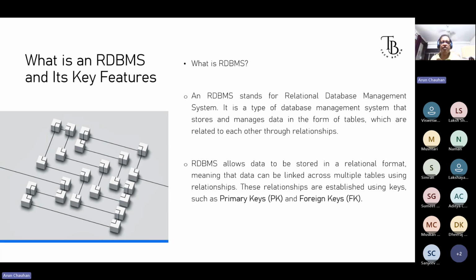Now that invites another set of questions: what is the primary key? What is the foreign key? When you are working on a table and you want to uniquely identify a particular row, you use a primary key. For example, employee ID is the primary key in the employee master table.